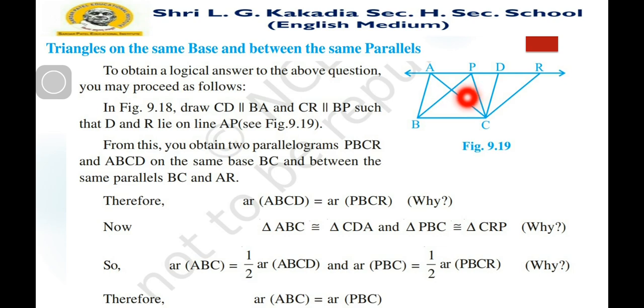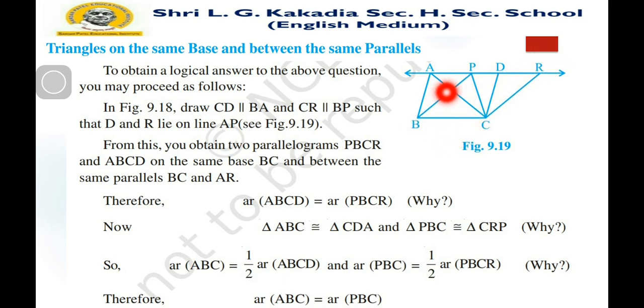So to prove that, let us draw two parallel lines from vertex C: AB parallel to CD and PB parallel to RC.